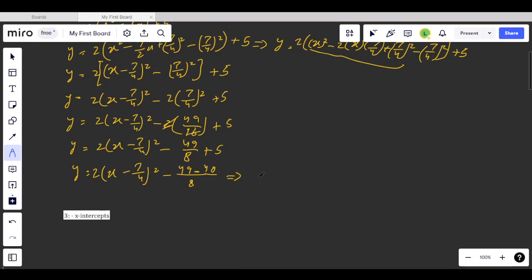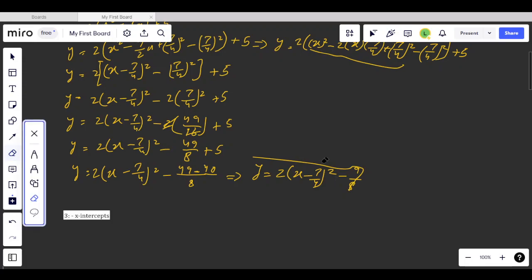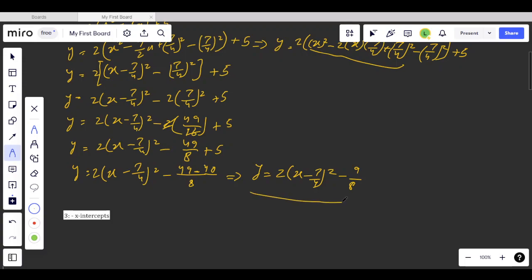So this will simplify as y is equal to 2 into (x minus 7 by 4) whole squared minus (49 minus 40), which will become 9 divided by 8. This is the required form.